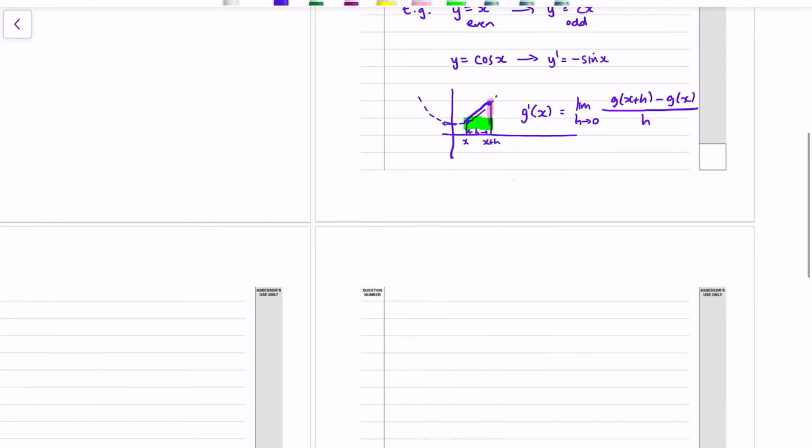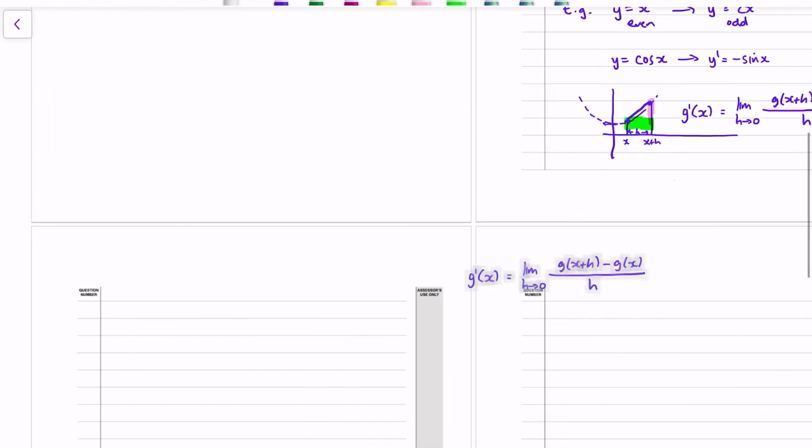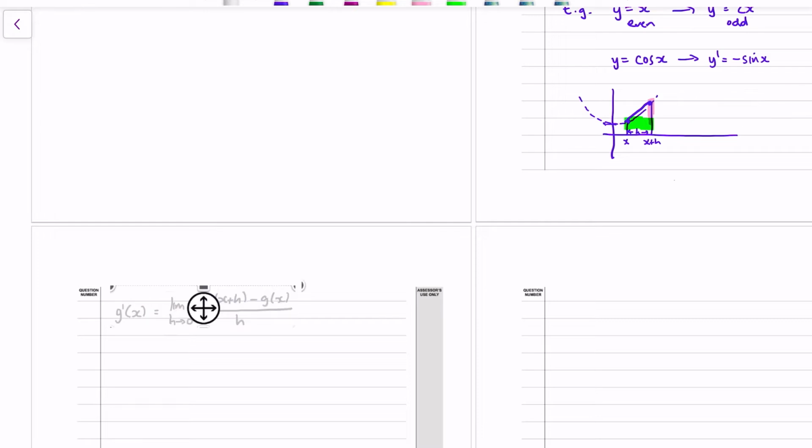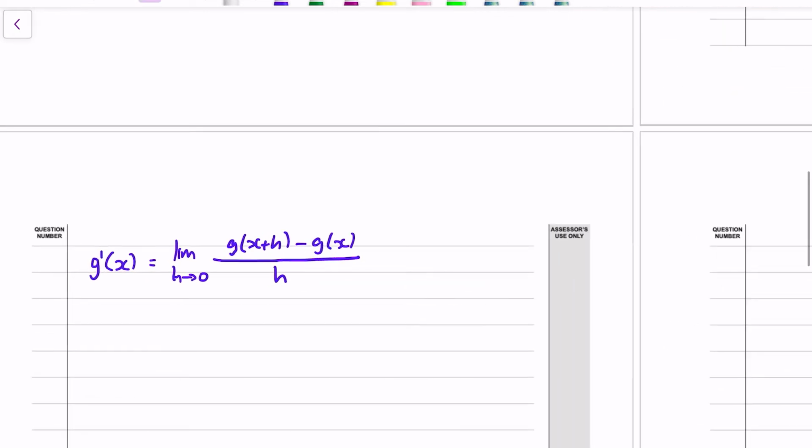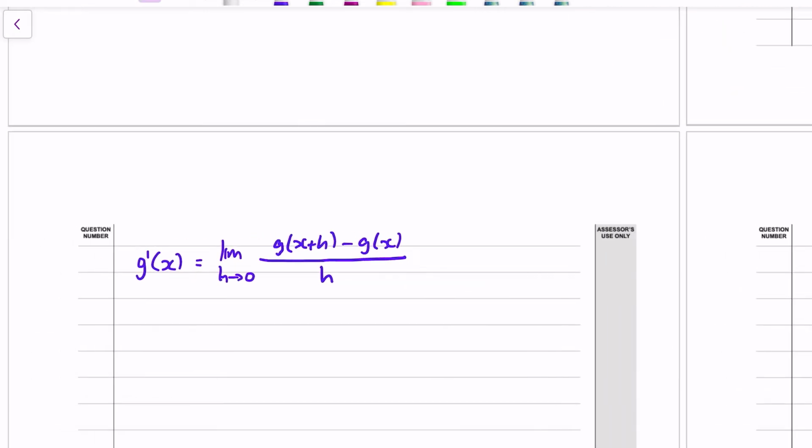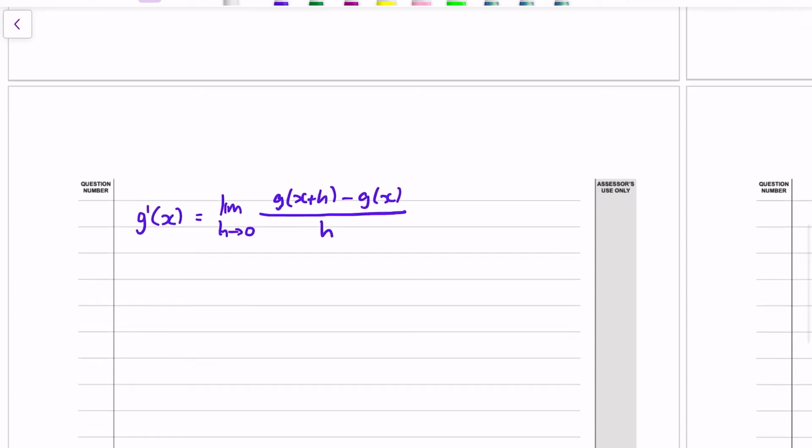Okay, so just copy that down to the next page because I'm going to need it. Alrighty, now if the derivative is an odd function, then what we actually want to find is g dash of minus x and prove that it's the negative of g dash of x.